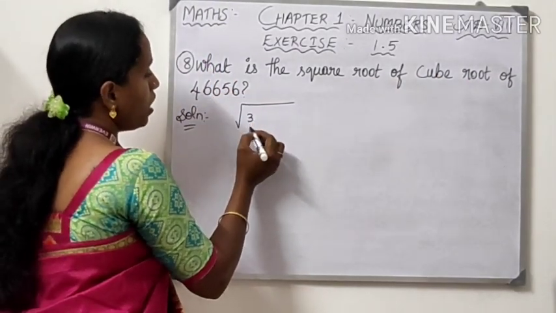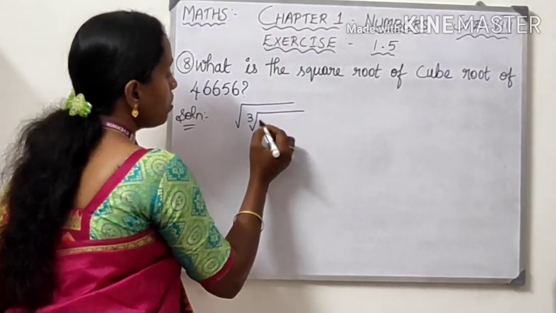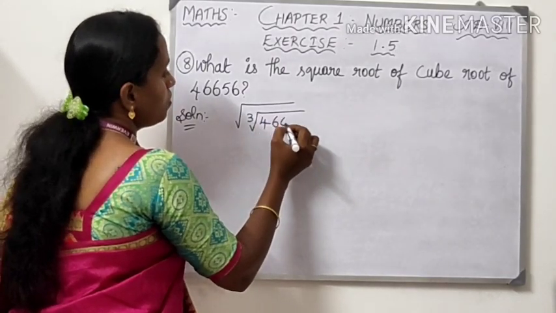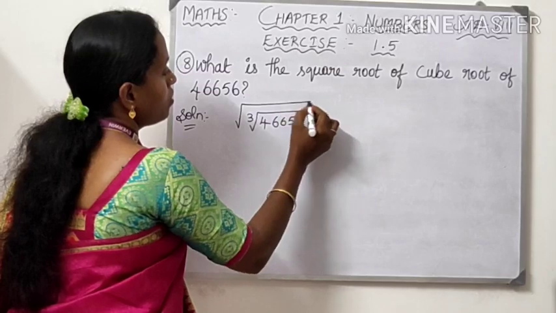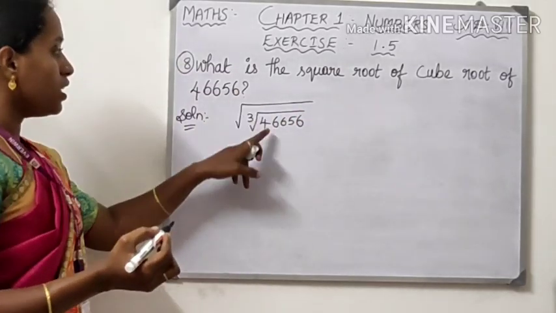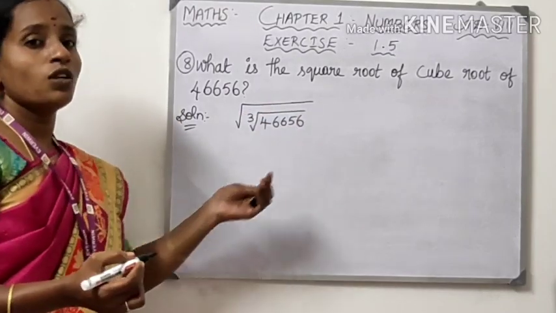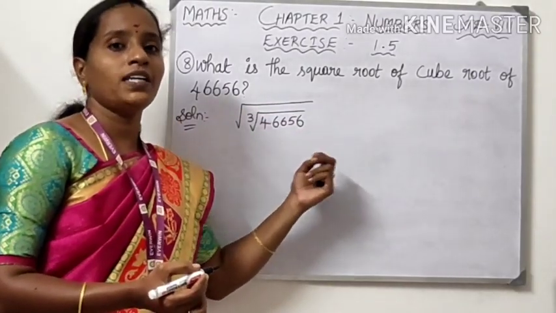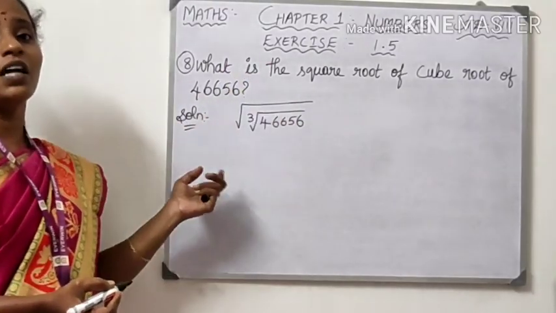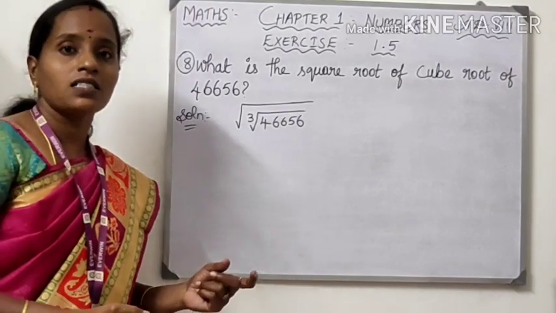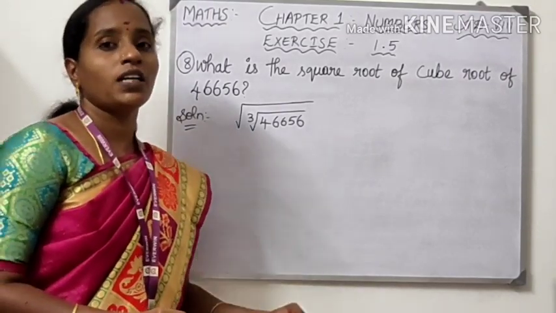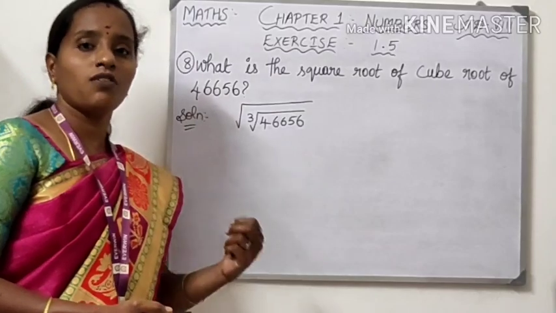So we can write our question as square root of, then inside, cube root of 46,656. So first we have to find the cube root of the given number, then we will get an answer. For that we should find out the square root. Then we will get the final answer.